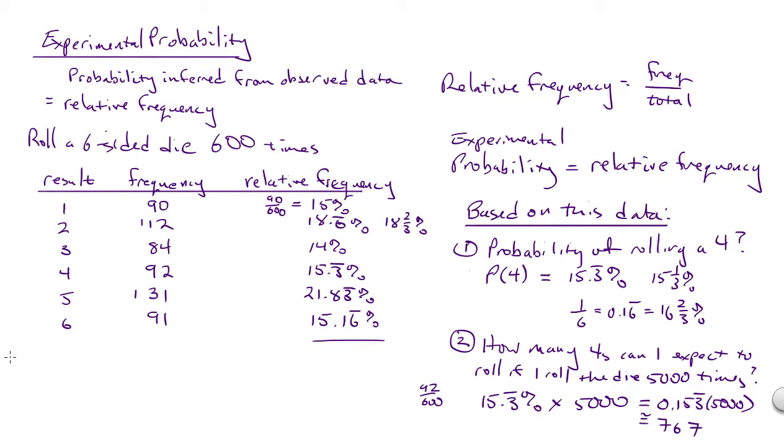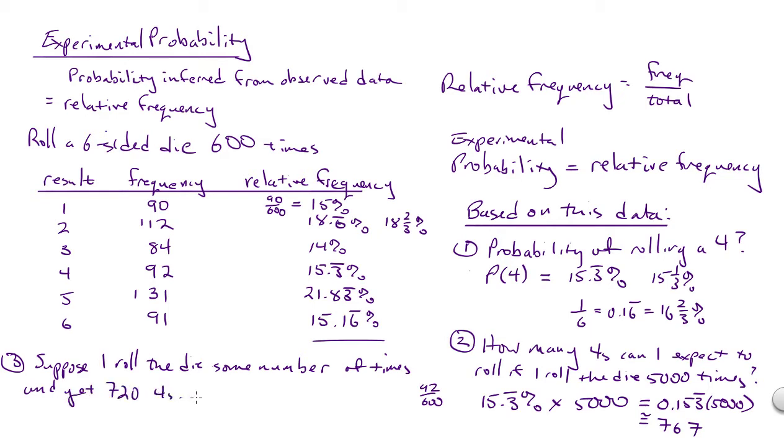One more question, I'll put it here. Suppose I roll the die some number of times and get 720 4s.